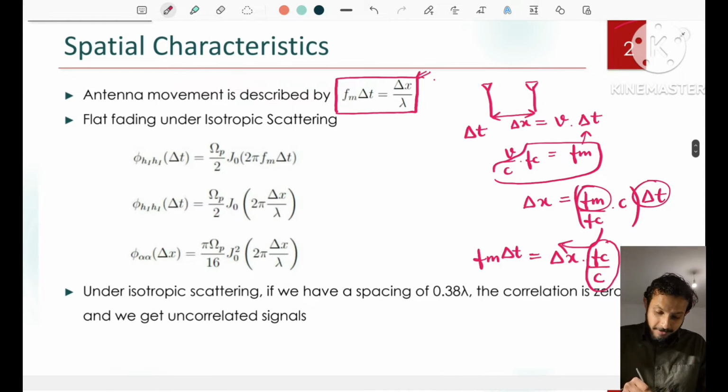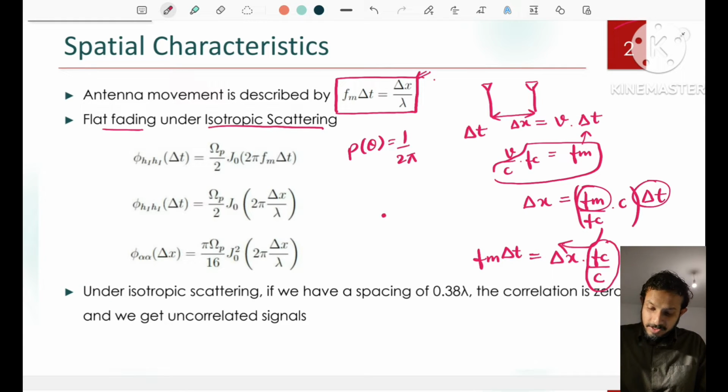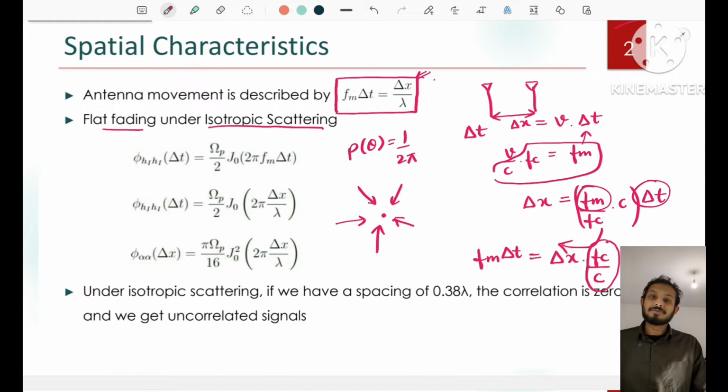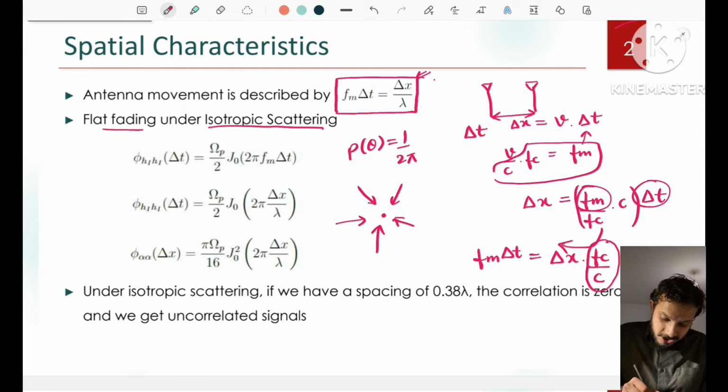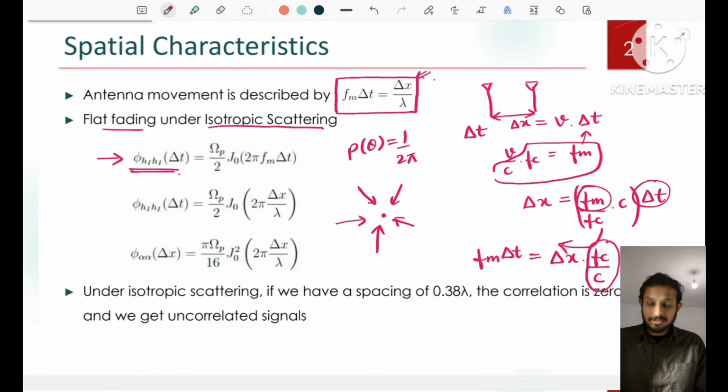So from flat fading under isotropic scattering, that means p of theta is equal to 1 over 2 pi, that is, at the receiver, all the rays are coming from all the directions and with equal probabilities. In this case, we have the expression of correlation of the channel with itself, which is a function of omega p, that is the signal power divided by 2 into J naught.